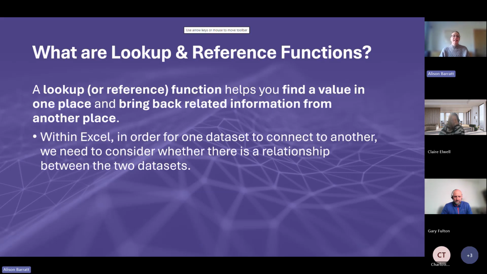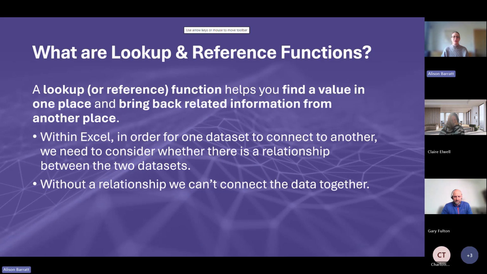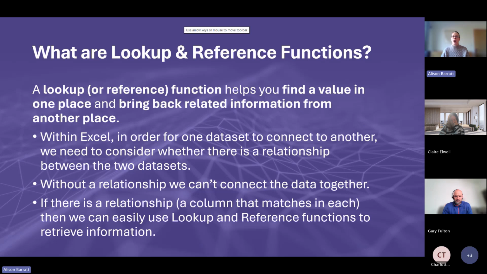Now, with that in mind, in Excel, so that you can force those two data sets to connect to one another, we need to consider whether or not there's a relationship between the two data sets. And anybody who's familiar with the idea of relationships might understand phrases like one-to-many relationships, or many-to-one, or many-to-many. You don't need to worry too much about those, but it's the same sort of approach. Without a relationship between those two data sets, we can't connect the data together for love nor money.